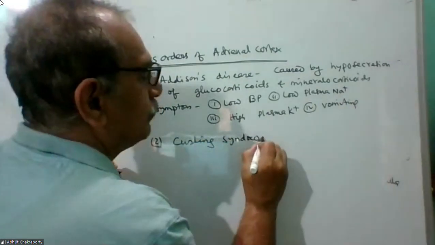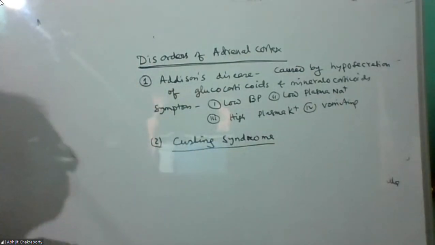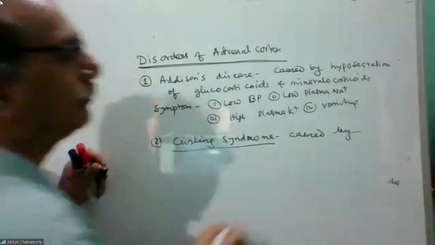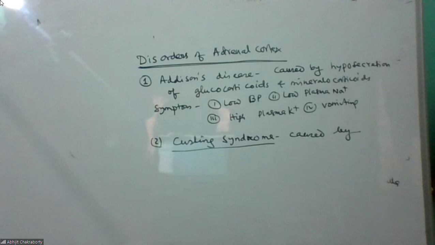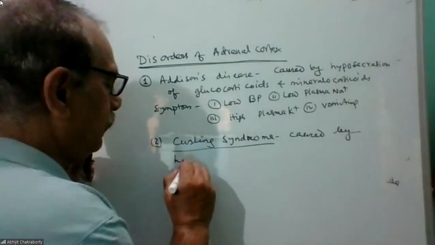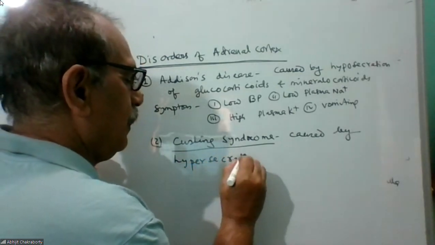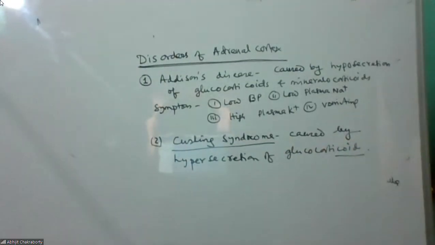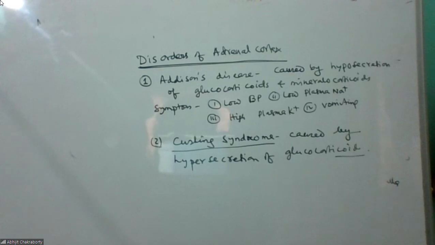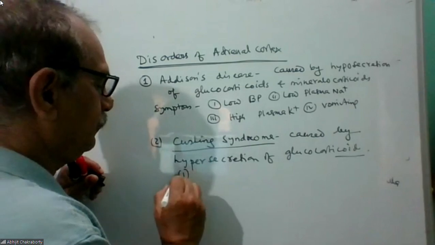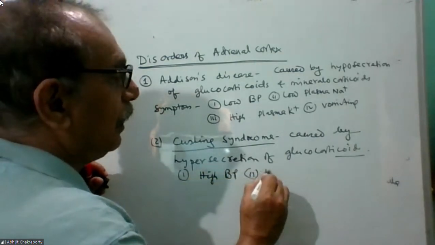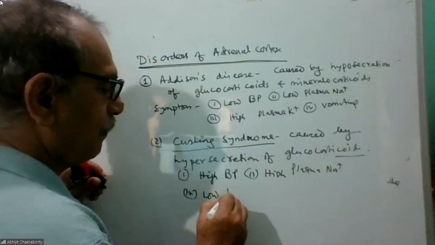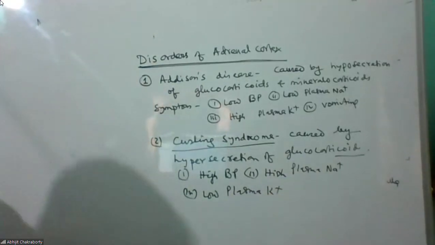Second one is Cushing syndrome. Cushing syndrome is caused by hypersecretion of glucocorticoid and, for the same reason, high BP, high plasma sodium, just opposite, low plasma potassium.